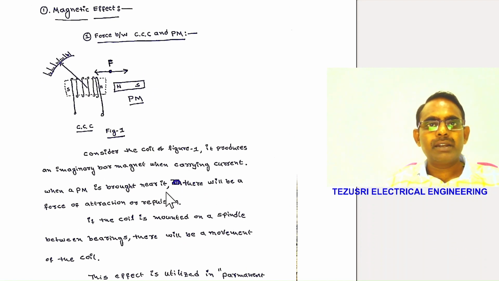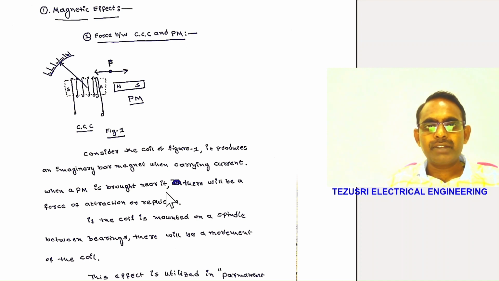Number one, magnetic effect. Whenever a current carrying conductor is placed in a magnetic field, it experiences a force according to the Lorentz principle, force F equals B I L sin theta. The direction of that force is found by Fleming's left hand rule.